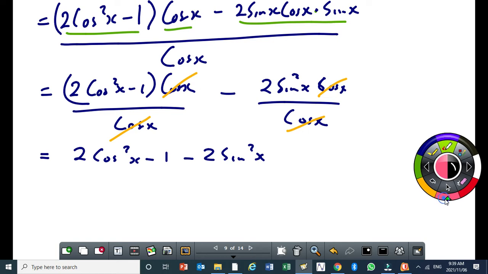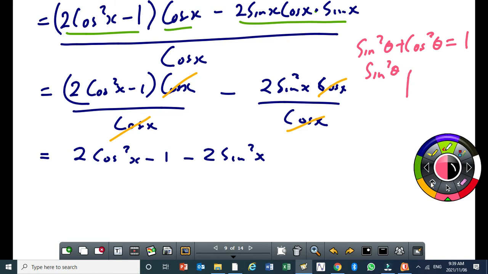That fundamental identity is sine squared theta plus cos squared theta is equal to 1. Therefore, sine squared theta is equal to 1 minus cos squared theta. Are you following that?